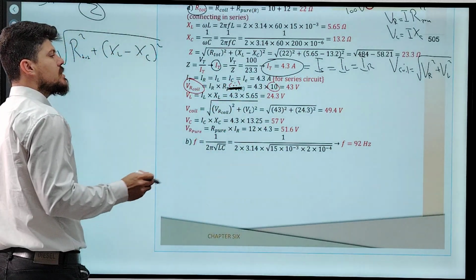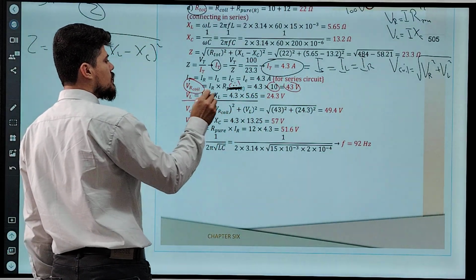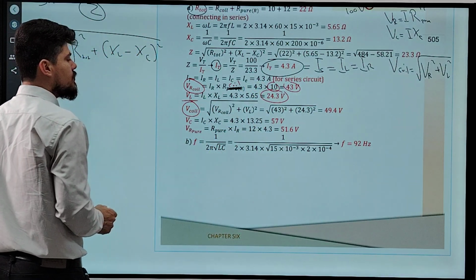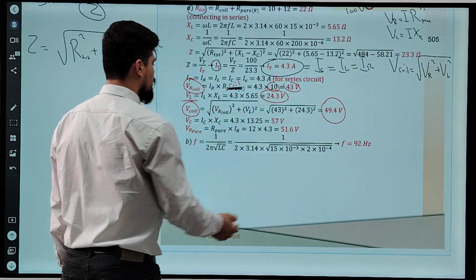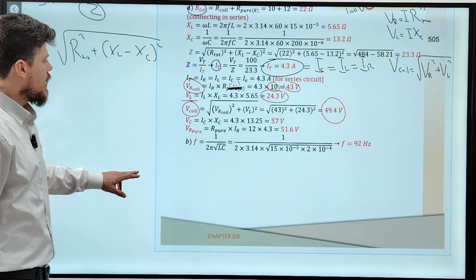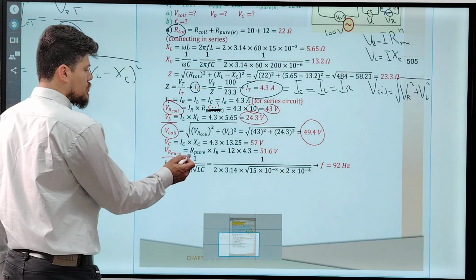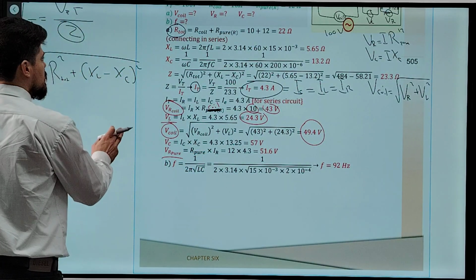V across the resistance of the coil is equal to 43 volt. V across the inductance of the coil is equal to 24.3 volt. To find the potential difference across the coil, you have to use the Pythagorean theorem, which gives 49.4. And VC, as I told you, is equal to IC times XC. And VR of the pure resistor is equal to R pure times IR, which is 12 times 4.3.